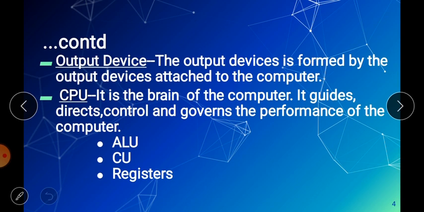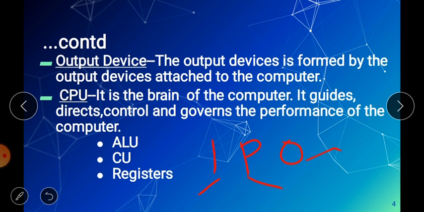Now here I want to tell you one point that was left behind: the computer works on the basis of IPO. What is IPO? IPO stands for I for input, P for process, and O for output. The working principle of the computer is IPO.